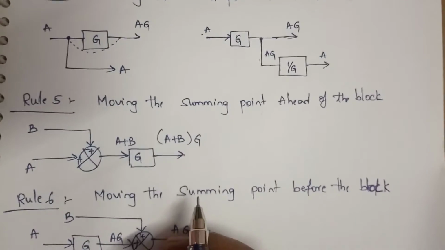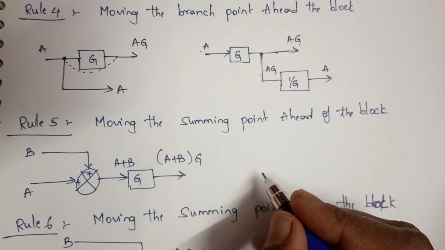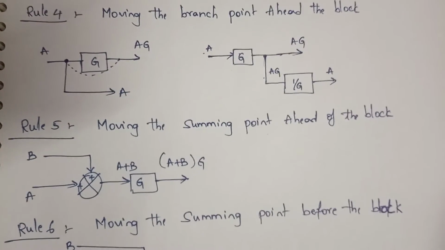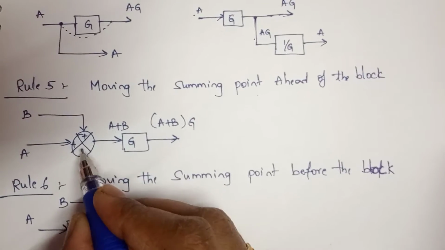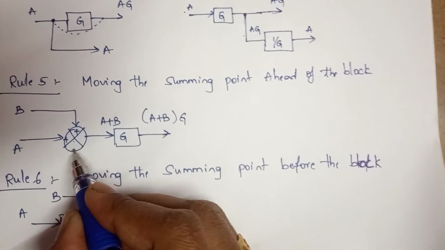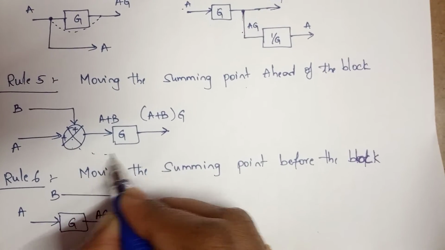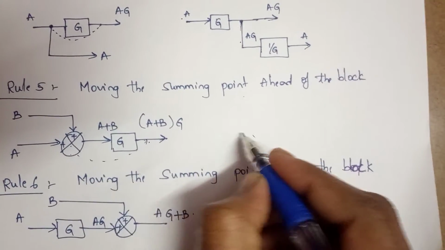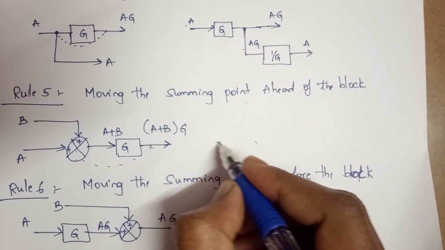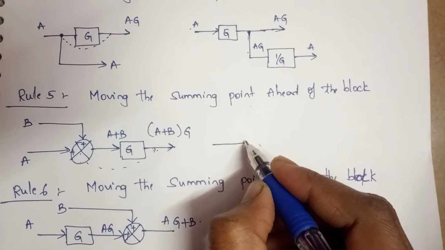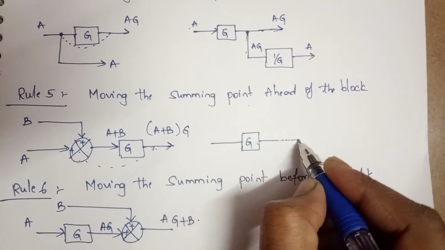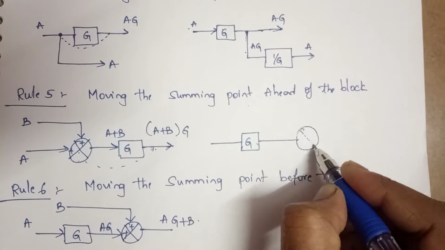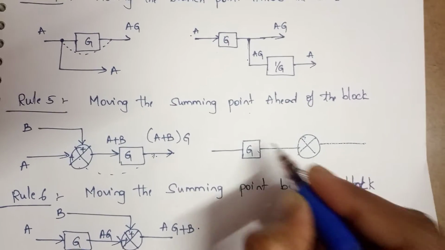Next, moving the summing point ahead of the block. Moving this summing point ahead of the block means it should be moved here. This is the summing point.